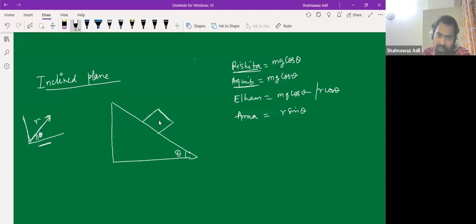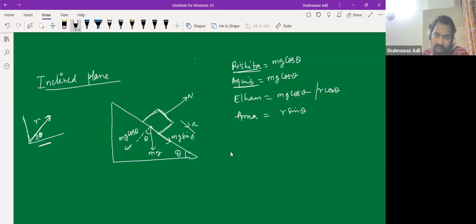This is the normal reaction, then this is mg, making an angle theta with this. This is mg cos theta, and then this is mg sine. And this object is sliding in this direction, right? So it has acceleration in this direction.